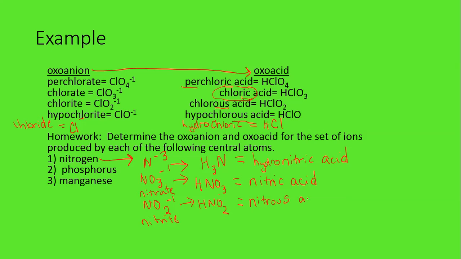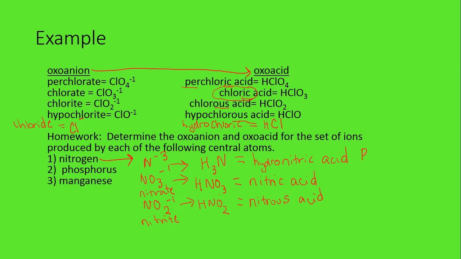Nitrous acid. And since nitrogen only has nitrate and nitrite, we could stop there. There is no pernitrate or there is no hyponitrous. All right, so let's do phosphorus. So that was nitric and nitrate. I'm sorry, and nitrite. What if we did phosphorus?